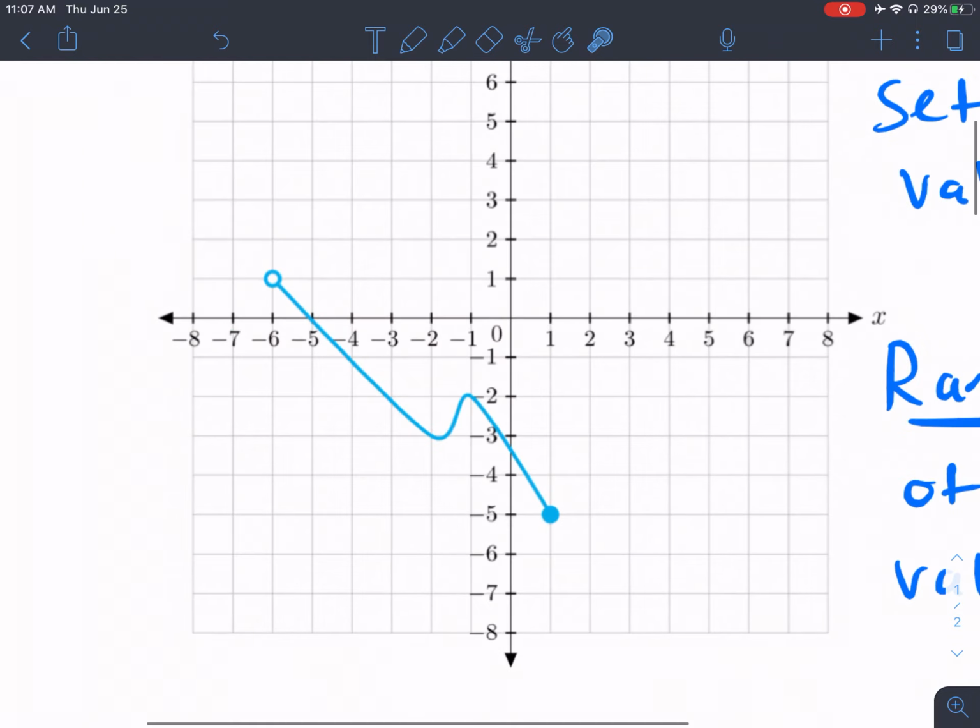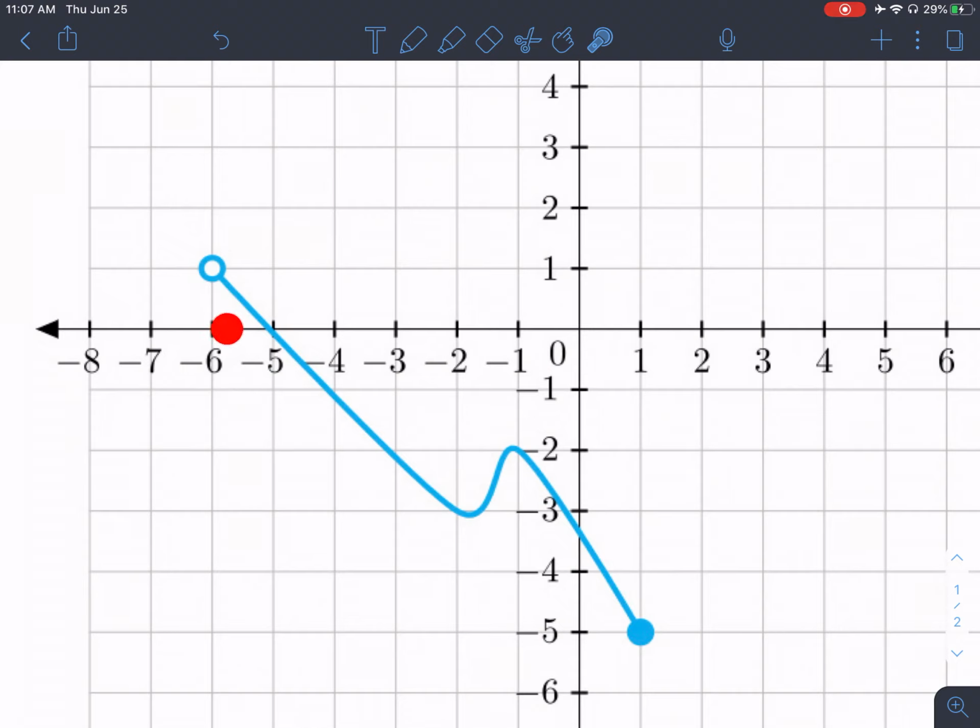If I zoom in, -5.9 would be around here, and it corresponds to a point on my graph. So -5.9 or anything just a little bit bigger than -6 is in my domain, but -6 itself is not in my domain.